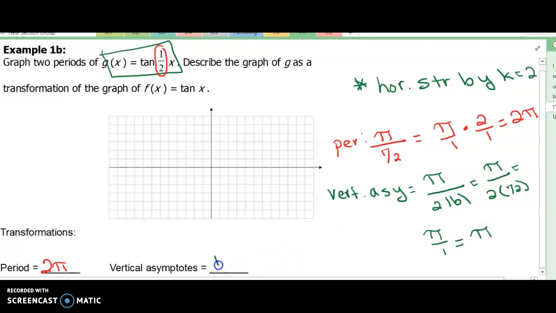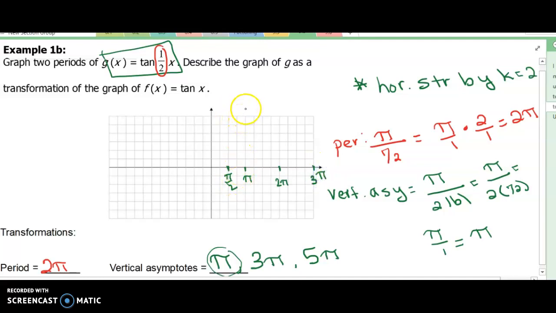So my vertical asymptotes are going to be pi, and then every odd one, multiply the odds, so pi, and then 3 pi, 5 pi. Another way you can think of this is if I have a vertical asymptote at pi, so let this be pi over 2, this be pi, this would be 2 pi, this would be 3 pi, so let's do it that way.